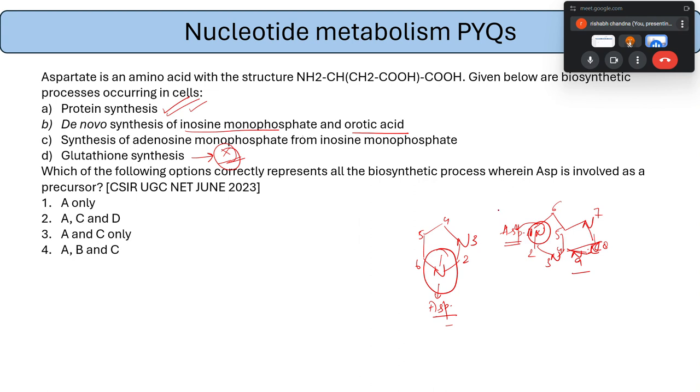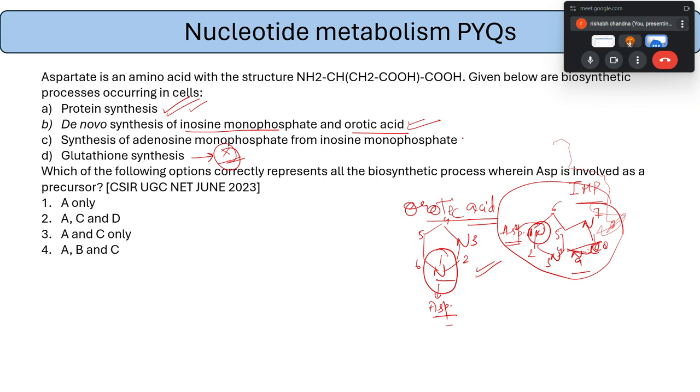So in case of purines, the intermediate that is formed is inosine monophosphate. And in case of pyrimidines, the intermediate that is formed prior to the formation of the nucleotide is orotate or orotic acid. So here this particular nitrogen of both the purine and pyrimidine is provided by aspartate. So that's why option B is correct.